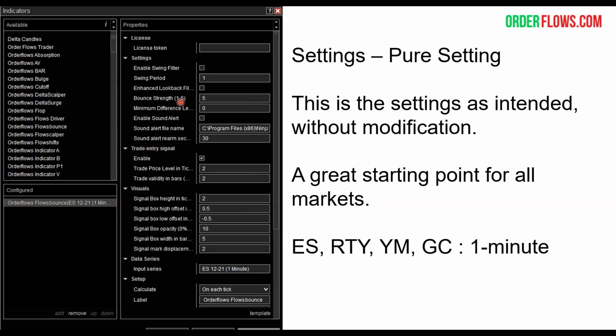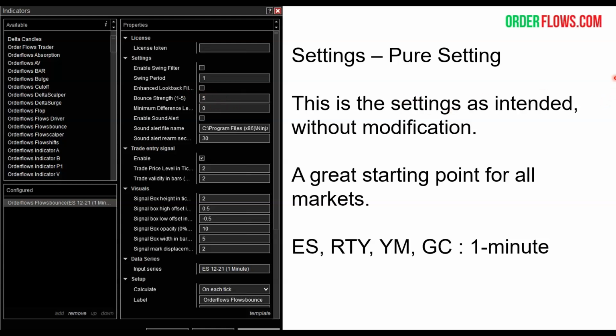What if, instead of having such a high tolerance level, it's a little bit weaker? That's why we have a strength level of 1 to 5, but 5 being the level that when I'm looking at a chart visually, I could see it, with the profile, with the order flow. That's the normal setting.